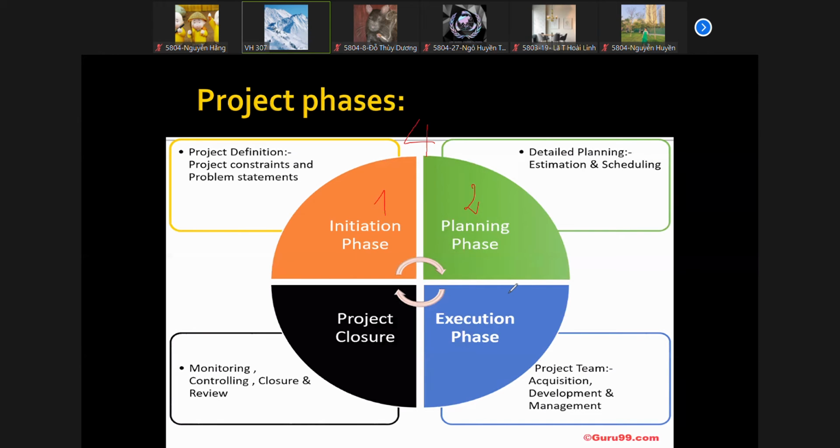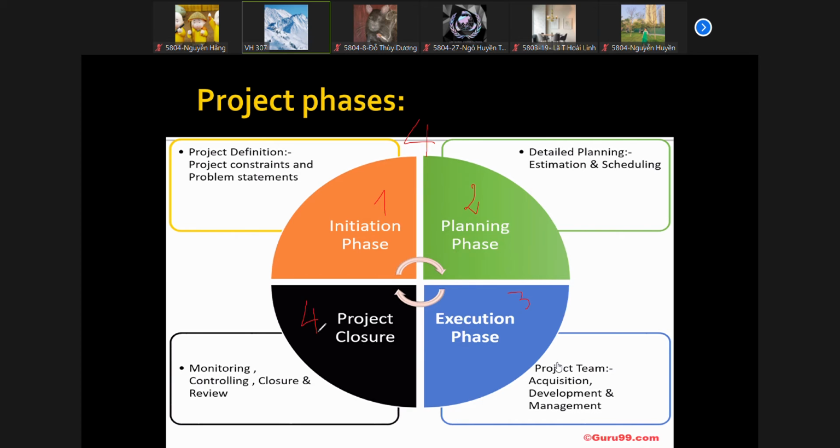The third phase is the execution phase. And the last one is the project closure. Right. And in accordance with the name of each stage here, we can know about the tasks or activities that can be conducted in each phase.